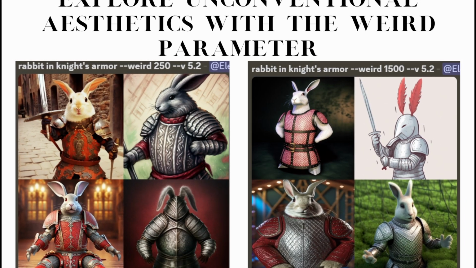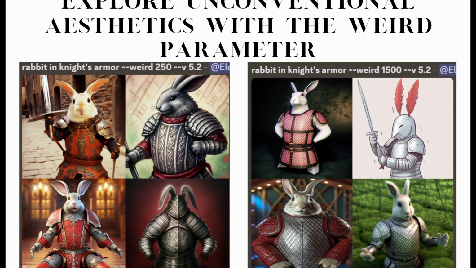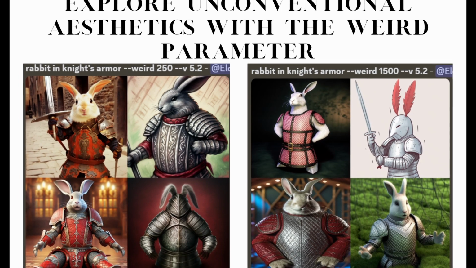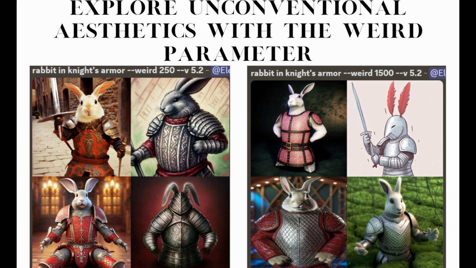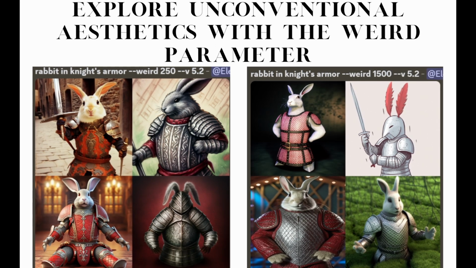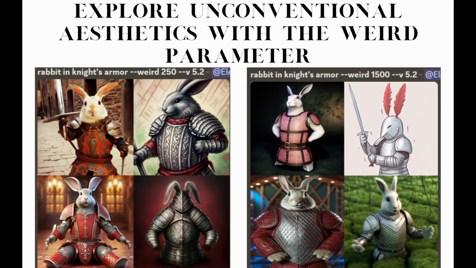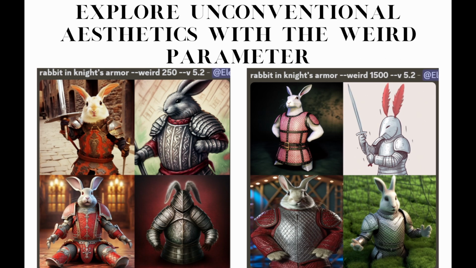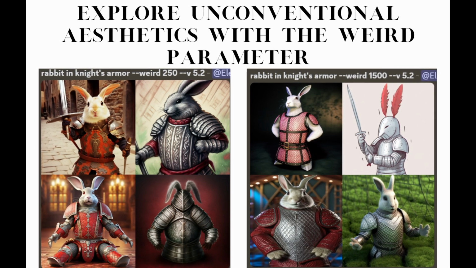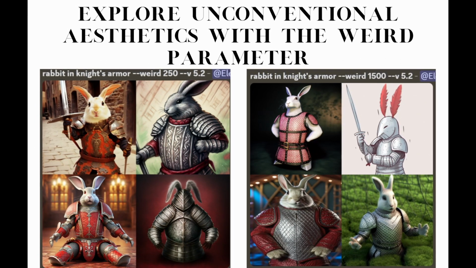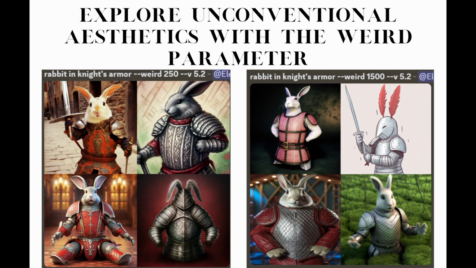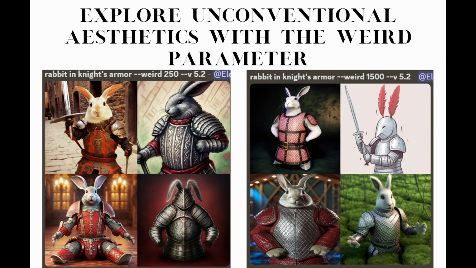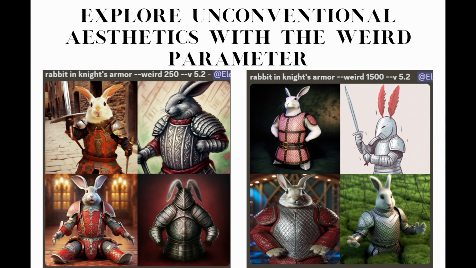Weird is compatible with Midjourney model versions 5, 5.1, and 5.2, and weird is not fully compatible with seeds. The optimal weird value is dependent on the prompt and requires experimentation. Try starting with smaller values, such as 250 or 500, and then go up or down from there. To use the weird parameter, add weird and value, or W and value, to the end of your prompt.